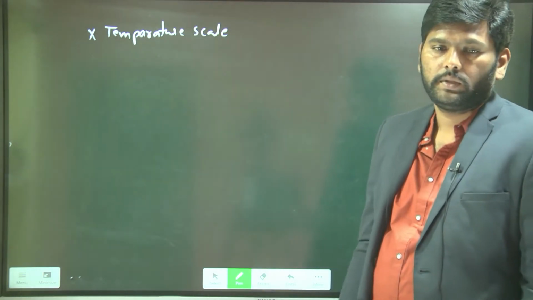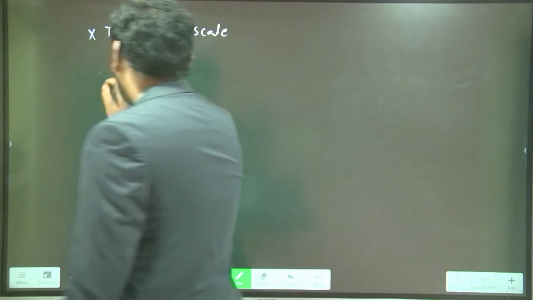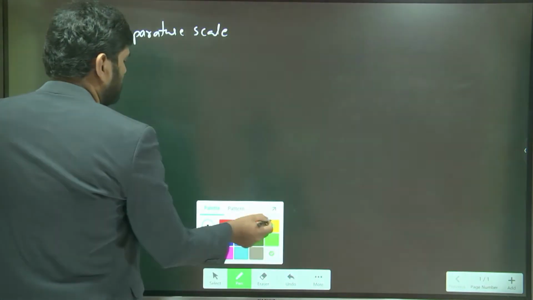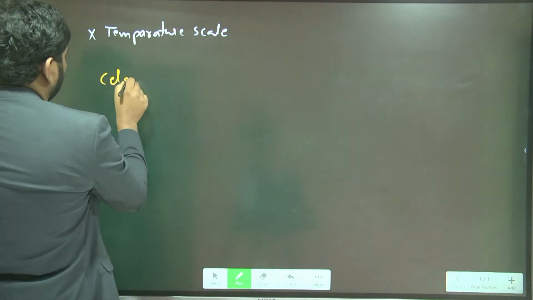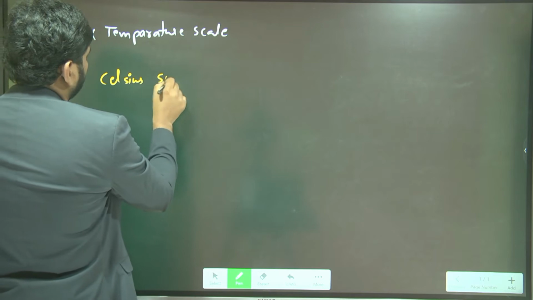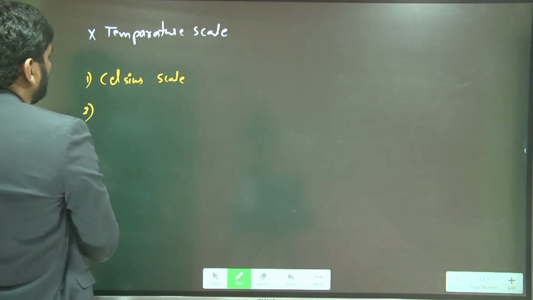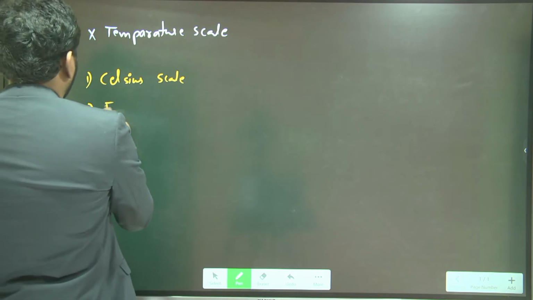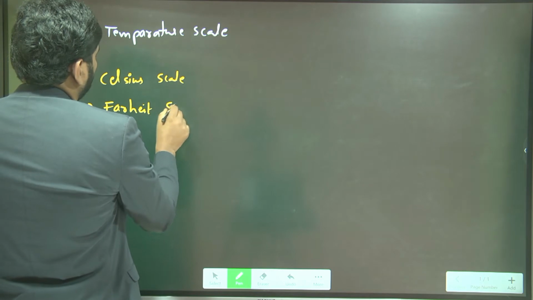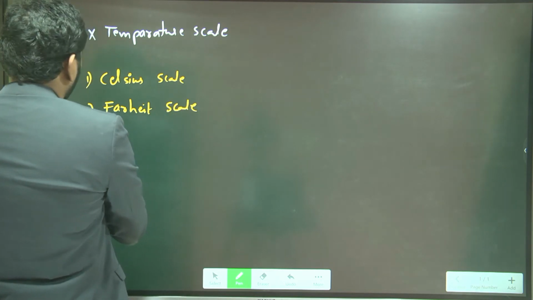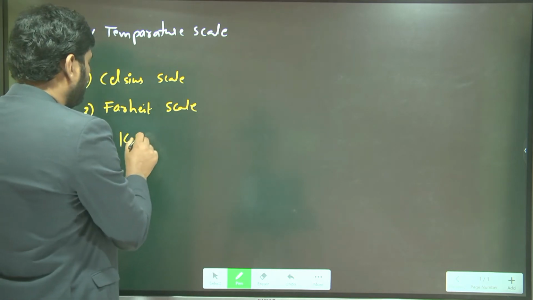The first scale is the Celsius scale. The second scale is the Fahrenheit scale. And the third one is Kelvin. Very good.